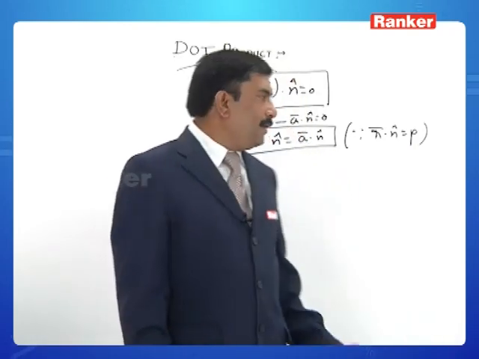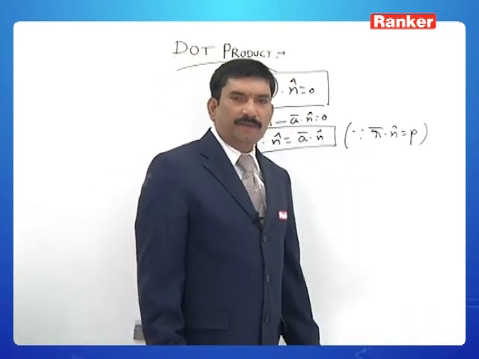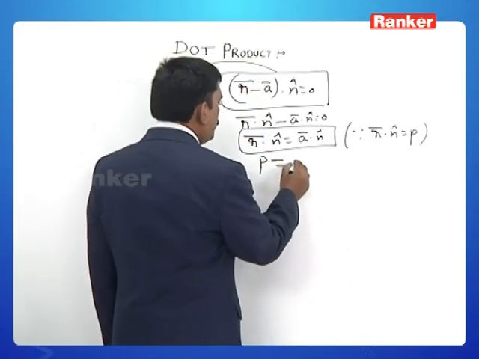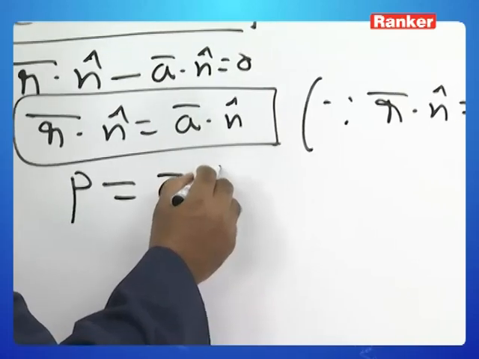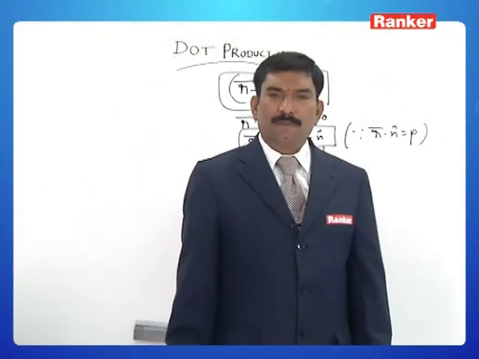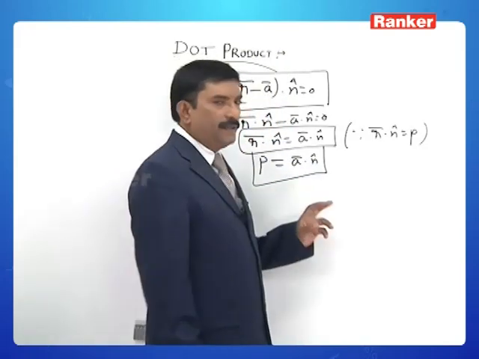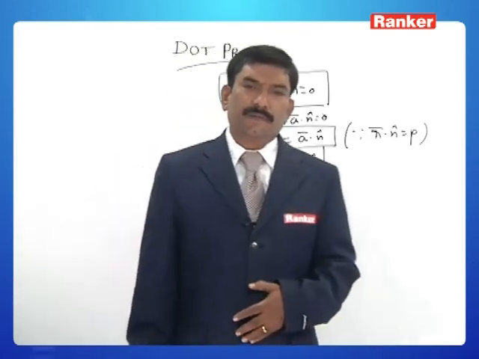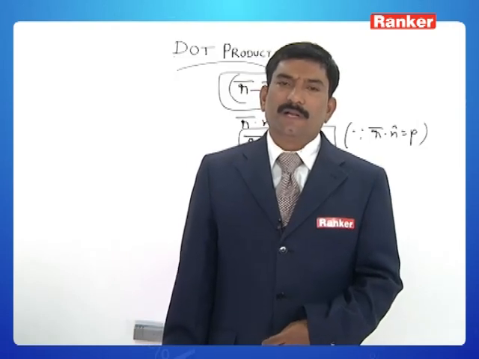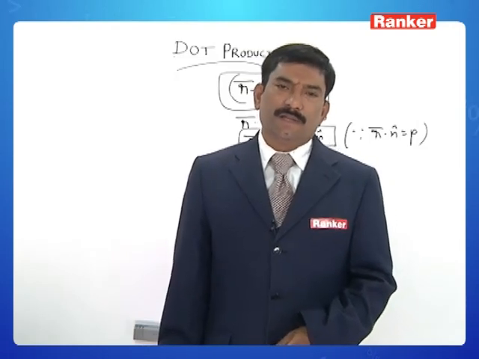Then r bar dot n cap is equal to p. Therefore, p is equal to A bar dot n cap. This represents the perpendicular distance from the origin to the plane which is passing through the point A bar and perpendicular to the unit vector n cap.